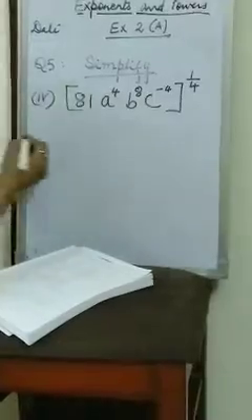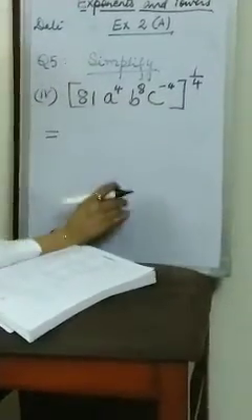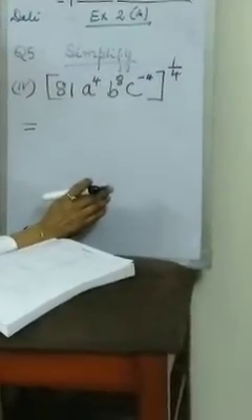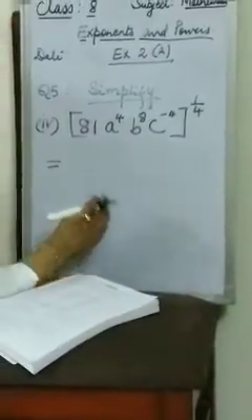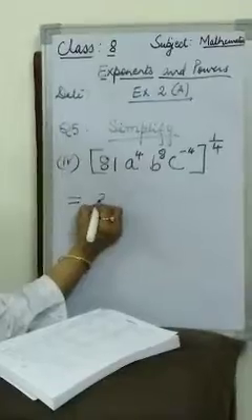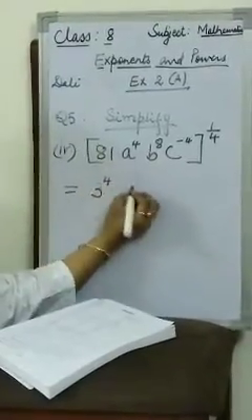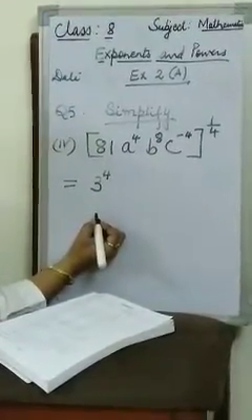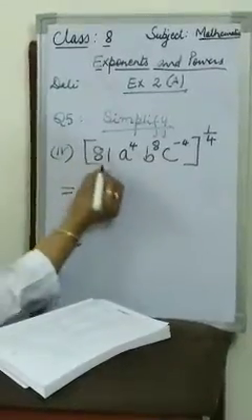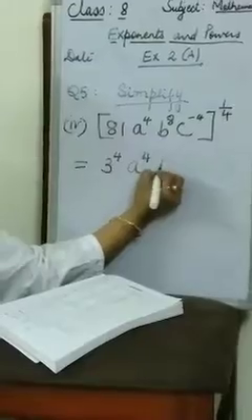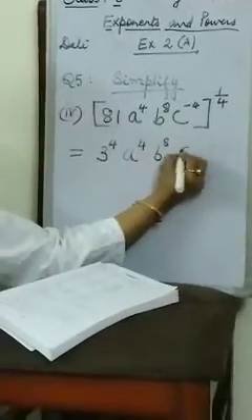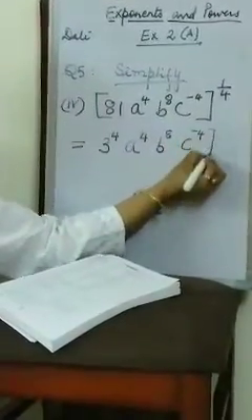So you should do the prime factorization of 81. 81 is 9 into 9. 9 is 3 into 3. That is, 81 can be written as 3 to the power 4. You can do the prime factorization in the rough column and get it. So we have 3 to the power 4, a to the power 4, b to the power 8, and c to the power minus 4, whole to the power 1 by 4.